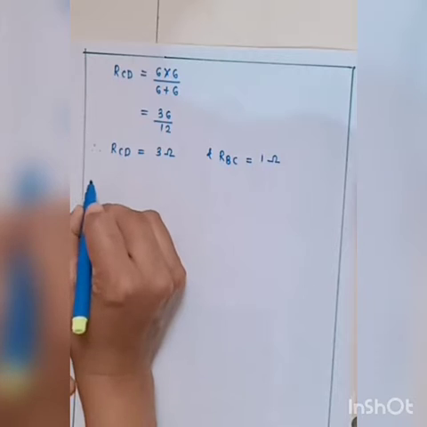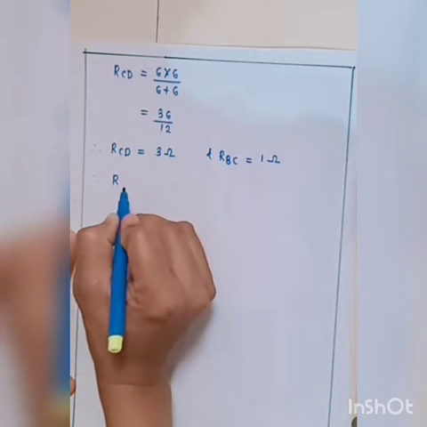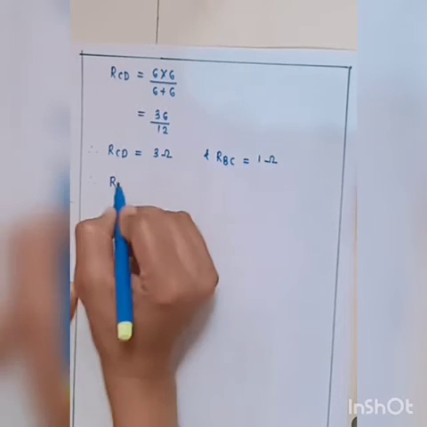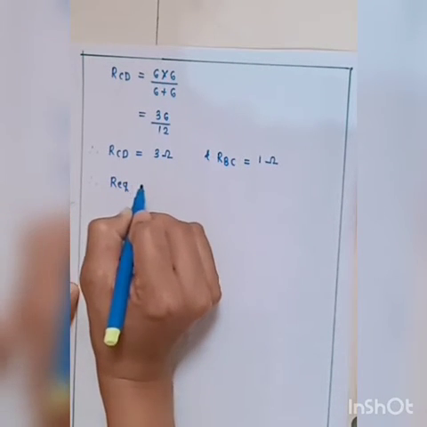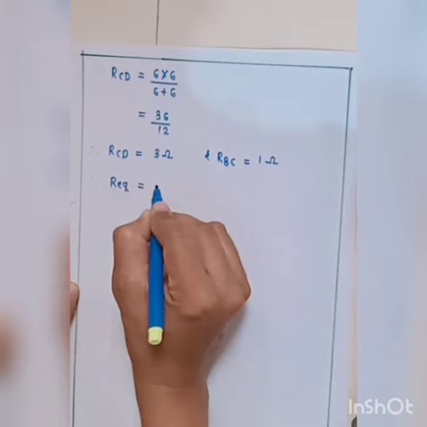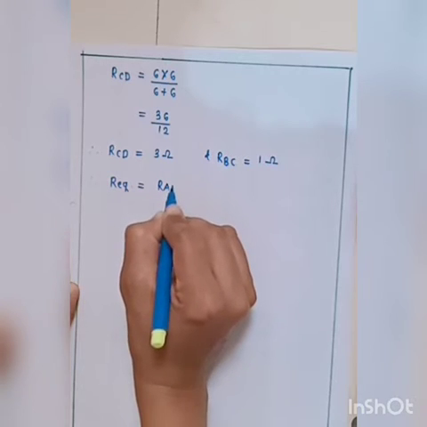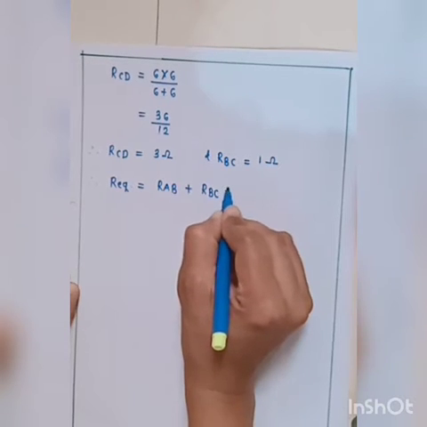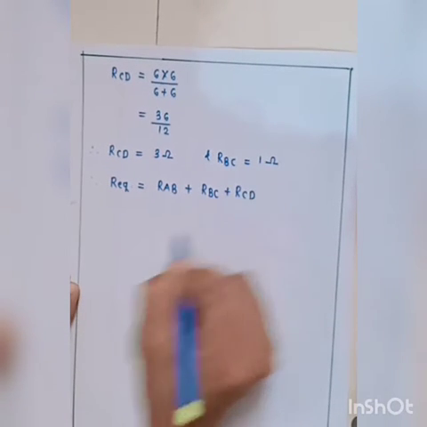Now we have to find the equivalent resistance of the resistance across AB, BC and CD. So equivalent resistance is nothing but the resistance across AB plus resistance across BC plus resistance across CD.